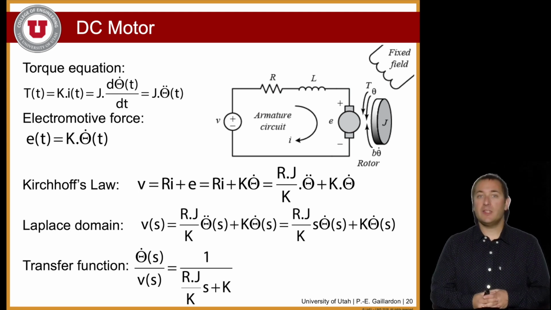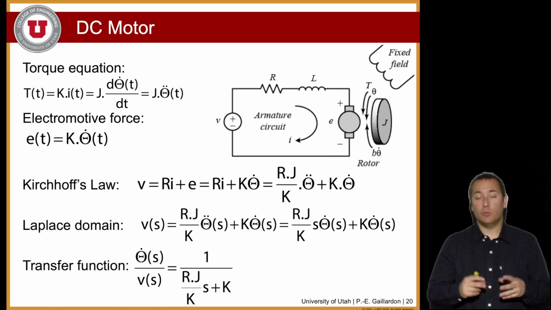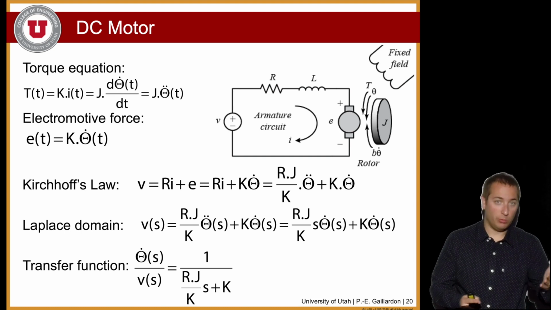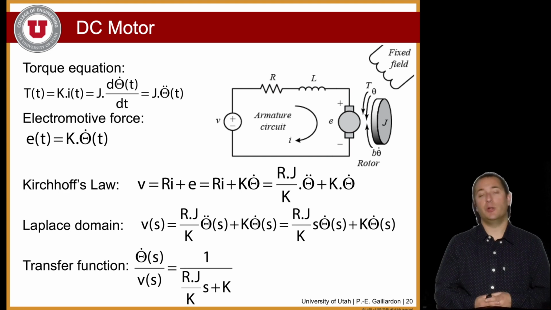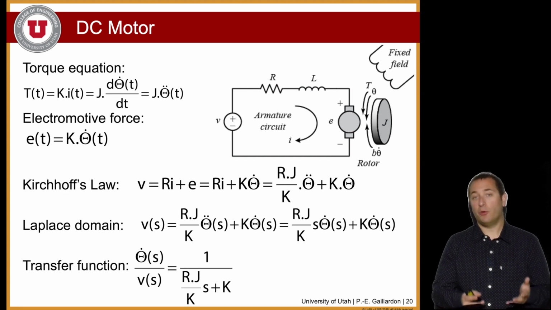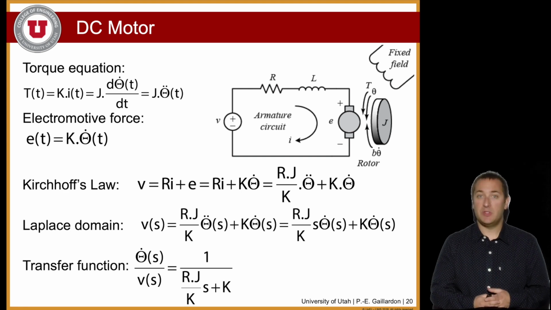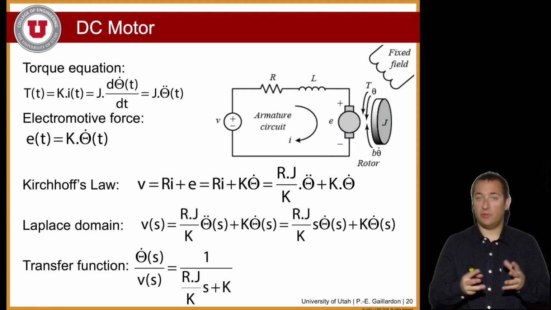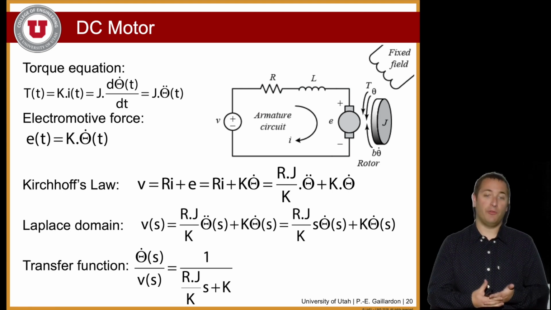In addition to that, when the shaft of your motor is going to spin, the motor is going to generate an electromotive force. It's the generator principle of any generator. And this electromotive force E is equal to another constant K times the angular velocity. Another thing that you will be able to do from this very basic system is to consider Kirchhoff's law.